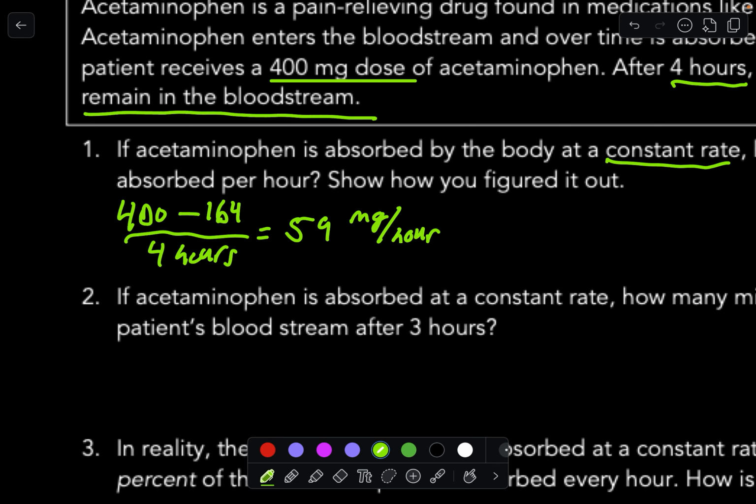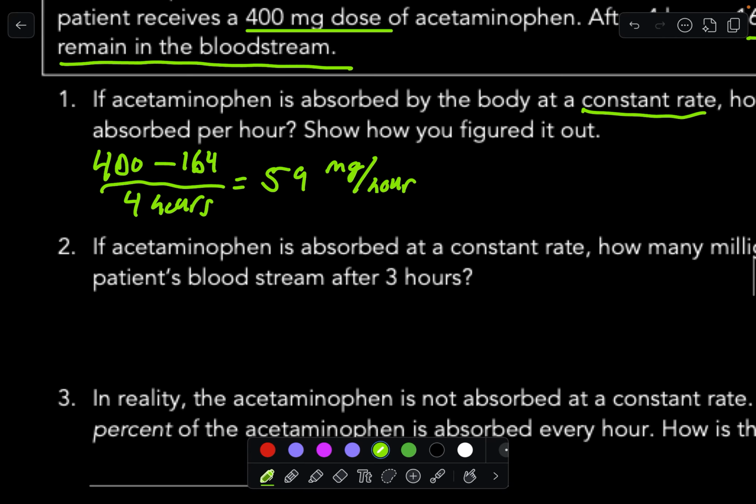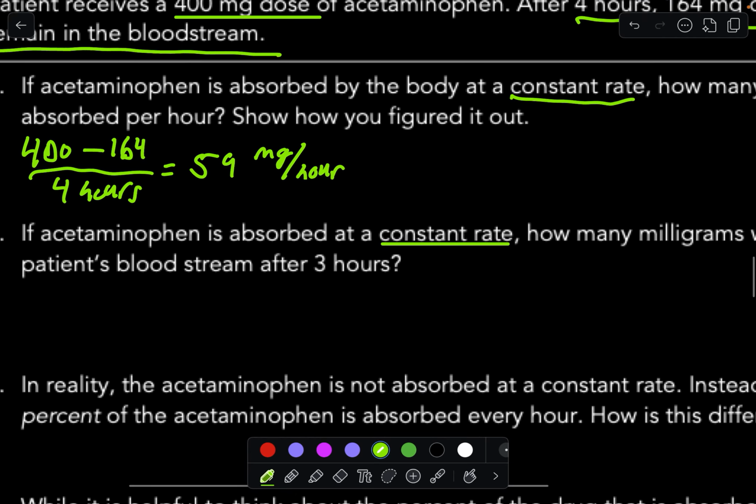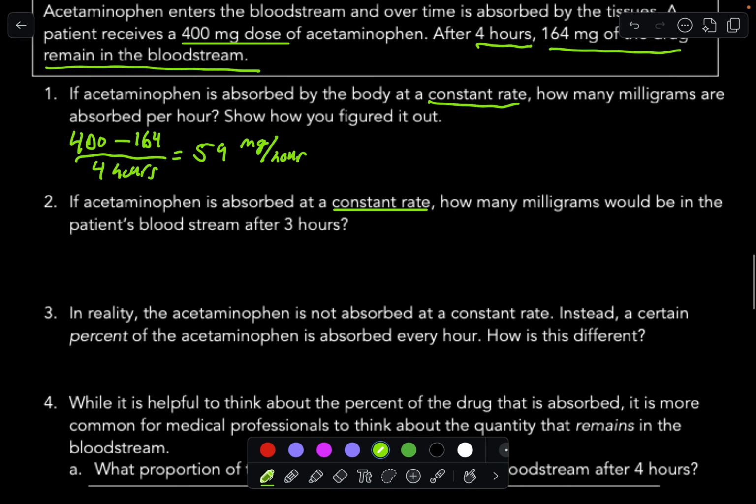Okay? Now, if acetaminophen is absorbed at a constant rate, i.e. at the rate given above, how many milligrams would be in the patient's bloodstream after 3 hours? Well, you would take the initial amount, 400, and subtract out 3 hours times the rate of 59 milligrams per hour.